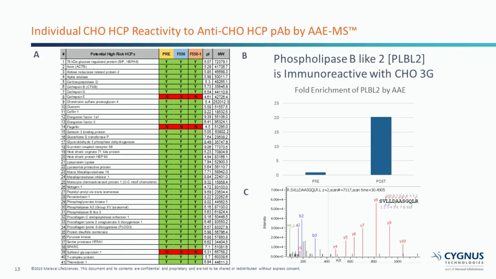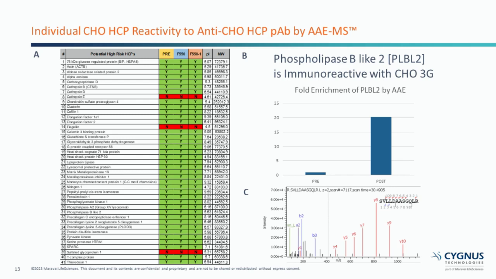In this example, in figure B, we show that our CHO HCP antibody reacts with PLBL2, as evident from the 20-fold enrichment of this protein by the CHO HCP antibody AAE column. In figure C, the peptide spectrum used to positively identify PLBL2 is shown. And in table A, we show that our two CHO antibodies, from our older F550 kit and our current F550-1 kit, the green and yes columns indicate that both F550 and F550-1 antibodies cover all of the potentially problematic HCPs in the sample.